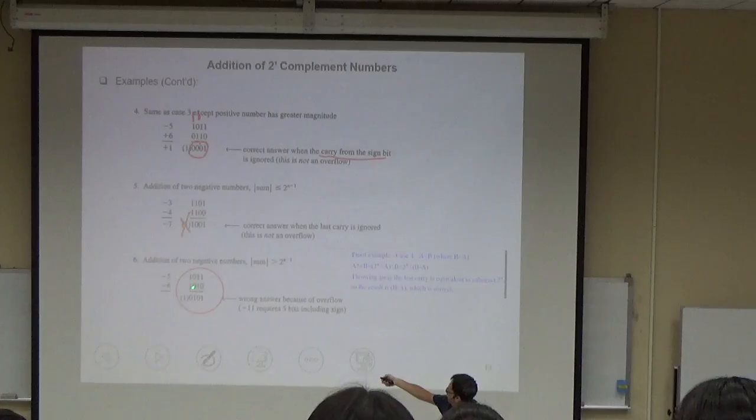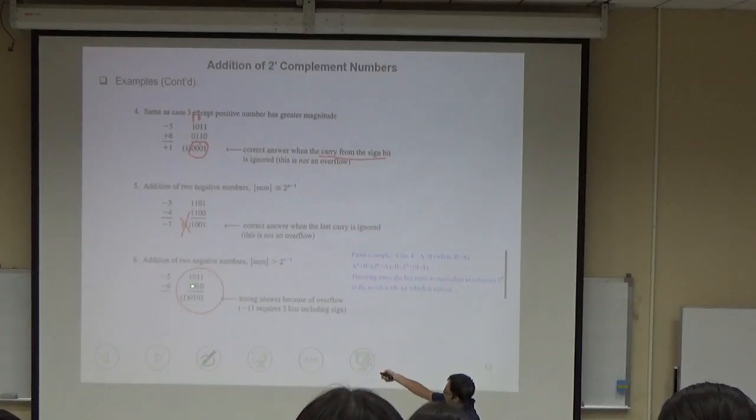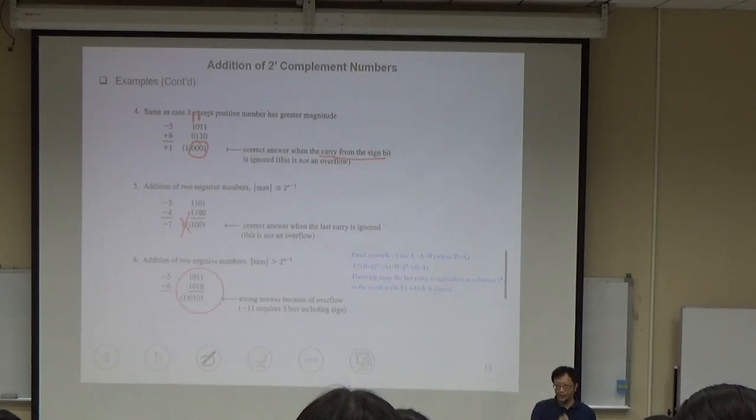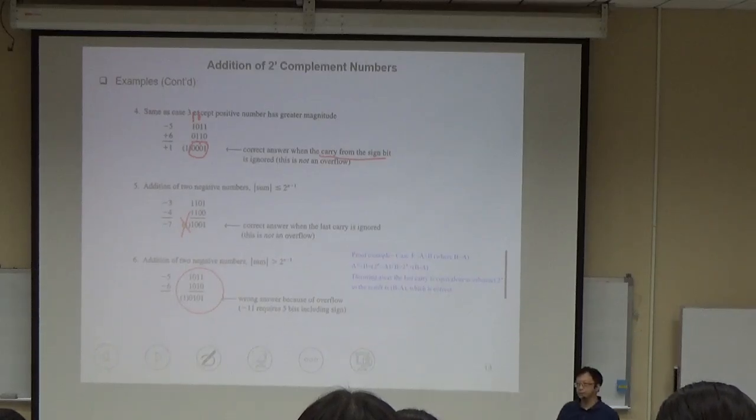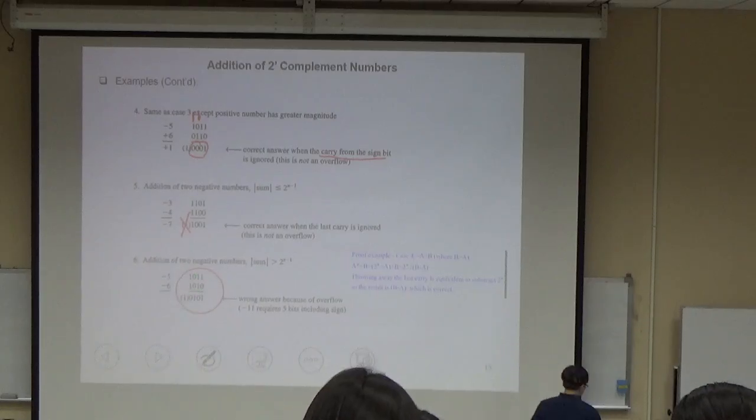The carry right here is 1. The carry right here plus 0 plus 0 is 1. 1 plus 1 here becomes 0 and a carry. Okay. So 1 plus 1 is 0. Carry right here. Okay. And there's a carry from the sign bit.